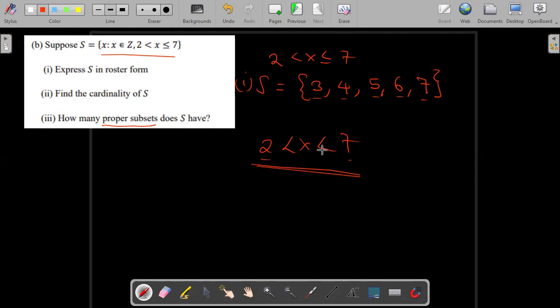Meaning that 2 and 7 should not be part of that listing.